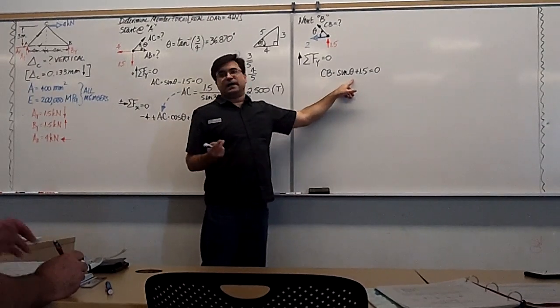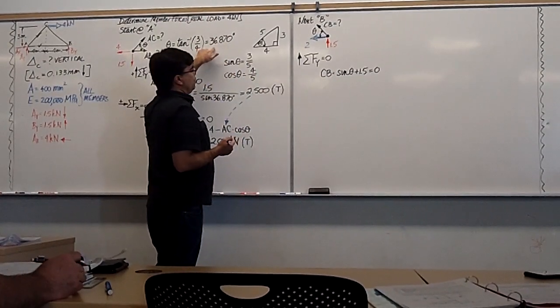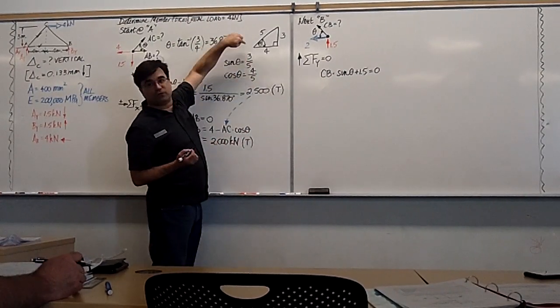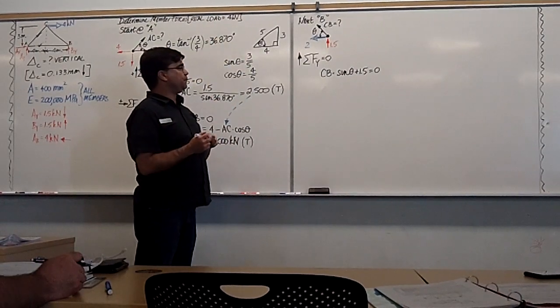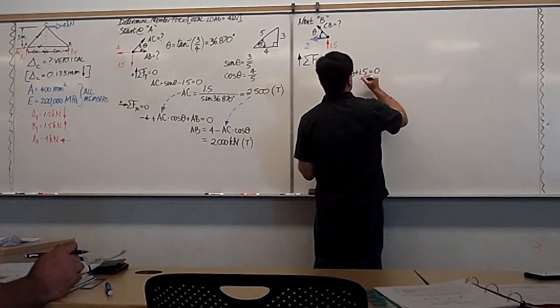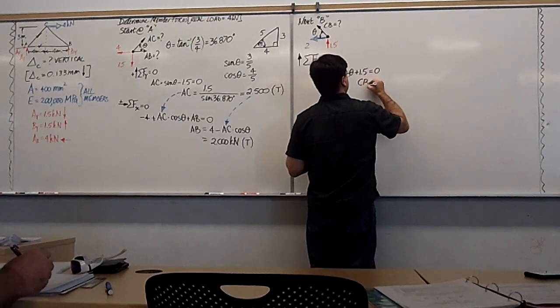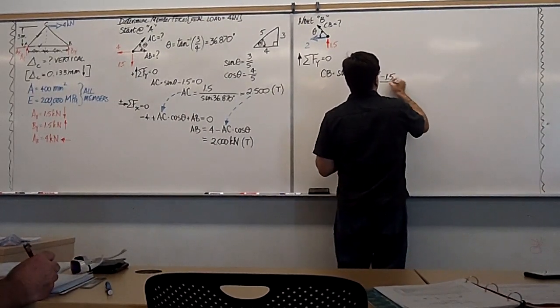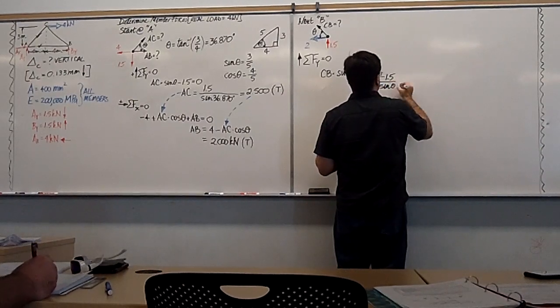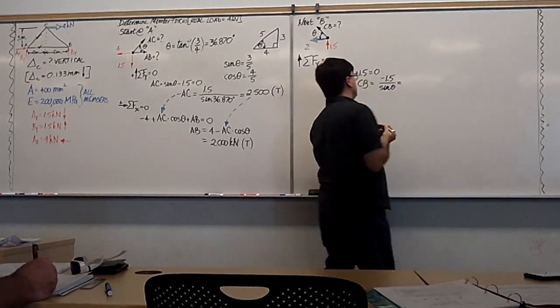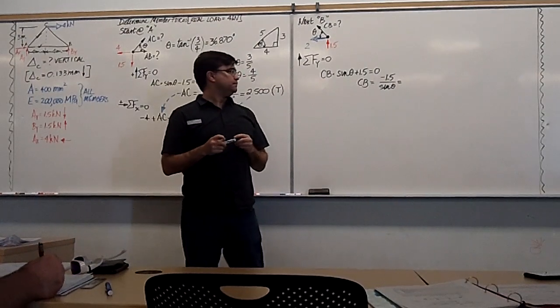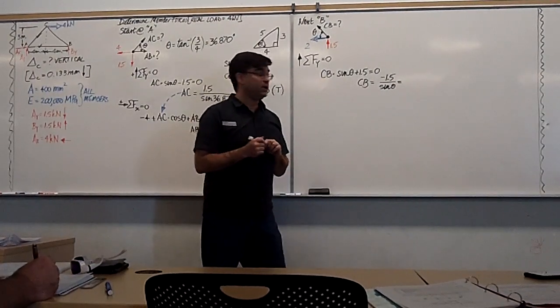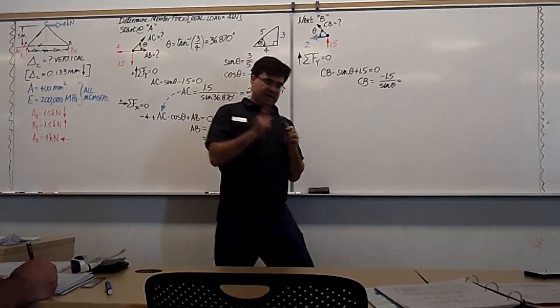For sine, you can either choose to do sine of this angle or replace it with 3 over 5, whichever one you would prefer. So then we get that CB is equal to minus 1.5 divided by sine of the angle. What is this number? Negative 2.5.